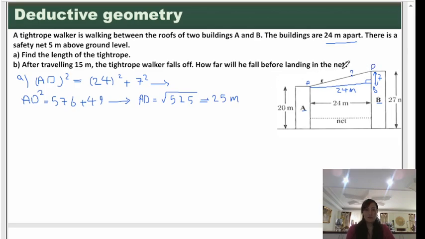So AD is 25 meters. I am done for part A. Now I will go for part B.